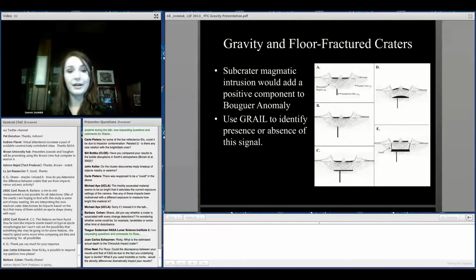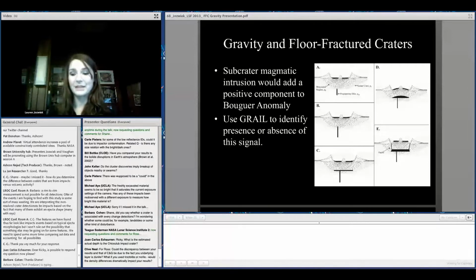It encounters a density barrier in the brecciated region beneath the crater floor. It stalls, it forms a sill, and then the uplifted sill forms either a laccolith or a very thick sill, which deforms the crater floor and leads to all of the observed surface morphologies associated with floor-fractured craters.